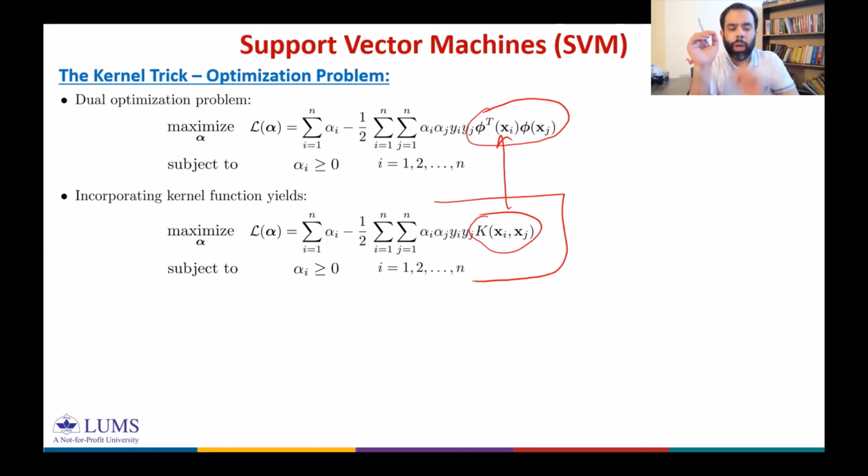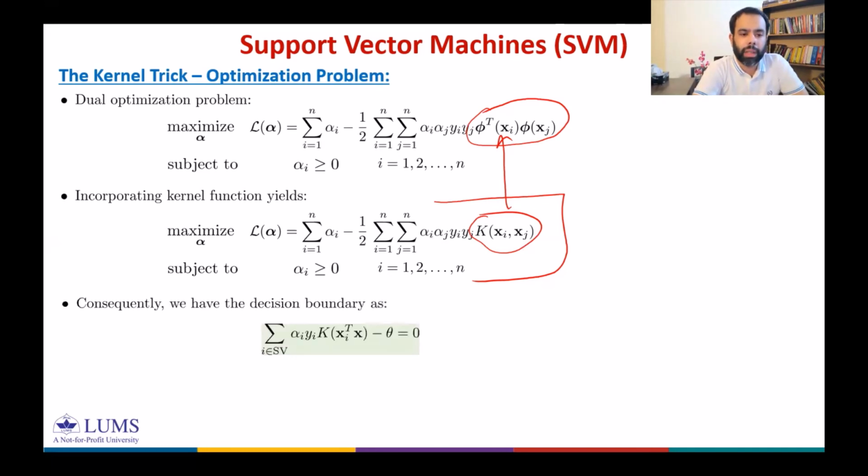So once we solve this problem, we can have a decision boundary, again, using the kernel. If you recall, when we defined the decision boundary, we defined it in the higher dimensional feature space using the inner product between support vectors and a point in the feature space. But if we use the kernel, we can have this formulation of the decision boundary.